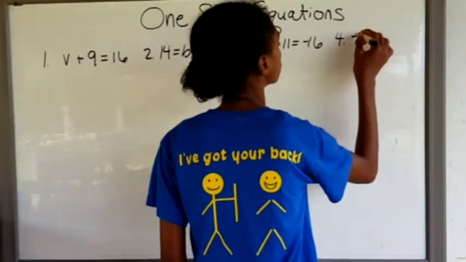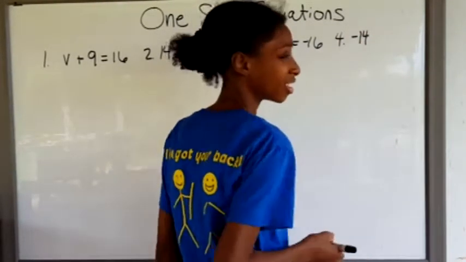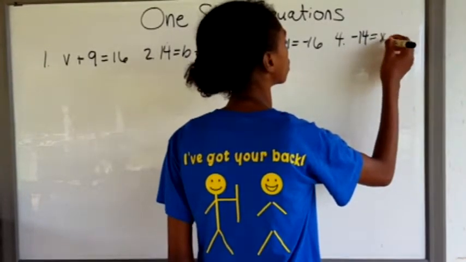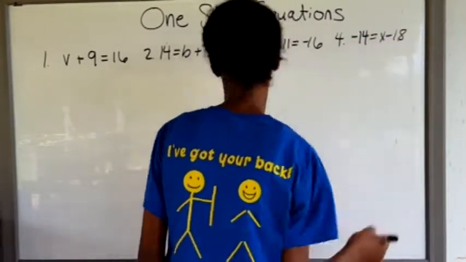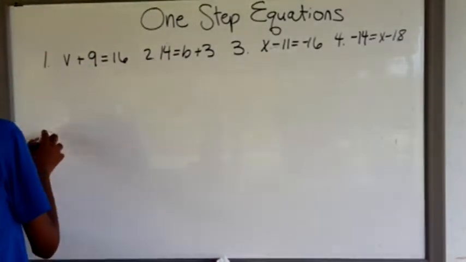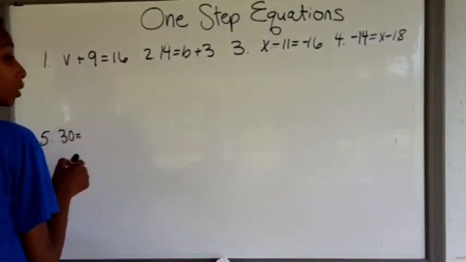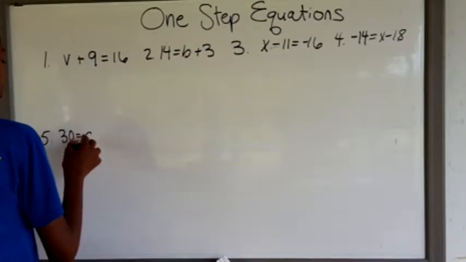Negative 14 equals x minus 18. 30 equals x plus 20.